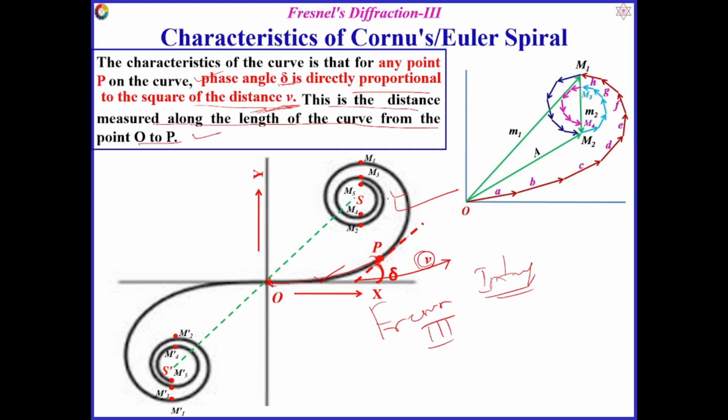Now we are going to find out that delta is proportional to small v square.